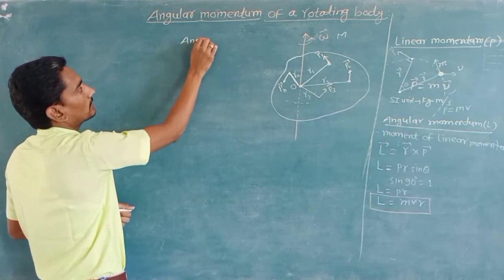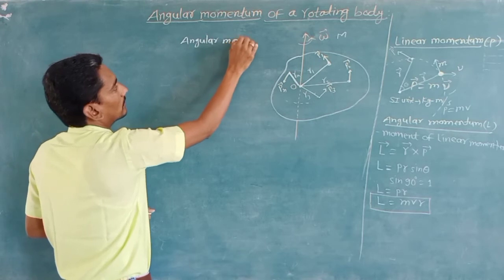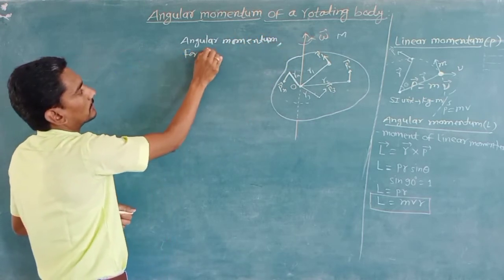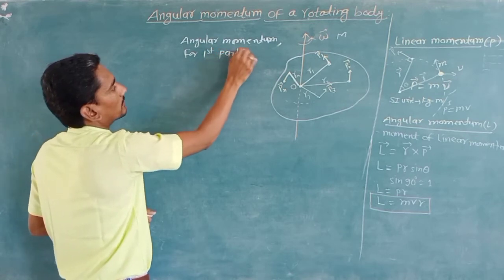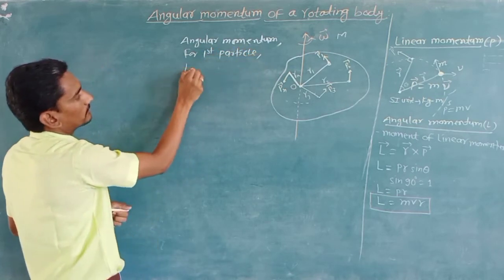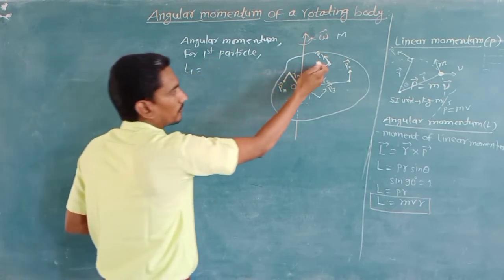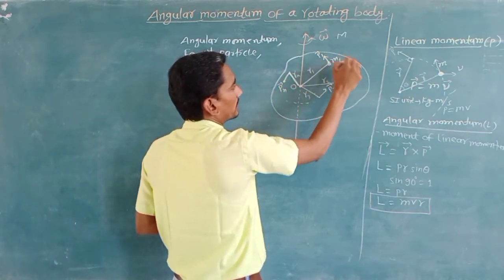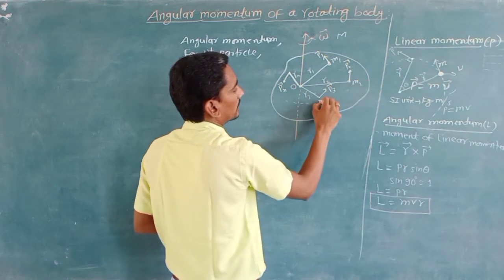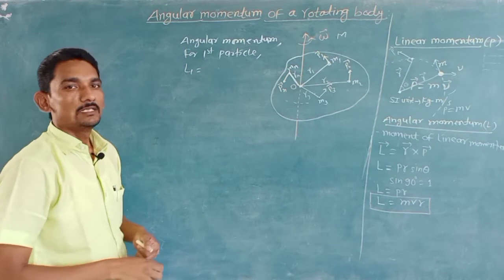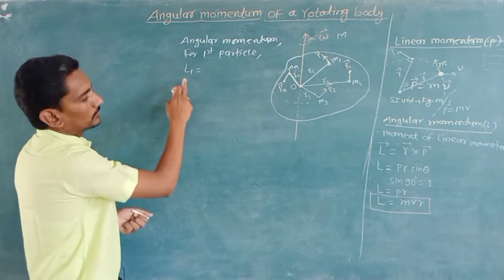So the angular momentum for the first particle is given by L1 equals to, what is the mass for this particle? m1, m2, m3 and mn are the masses for all the n particles.